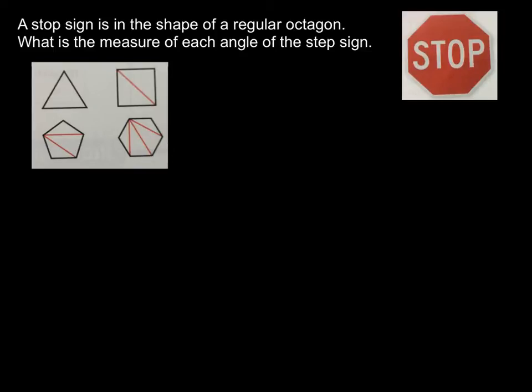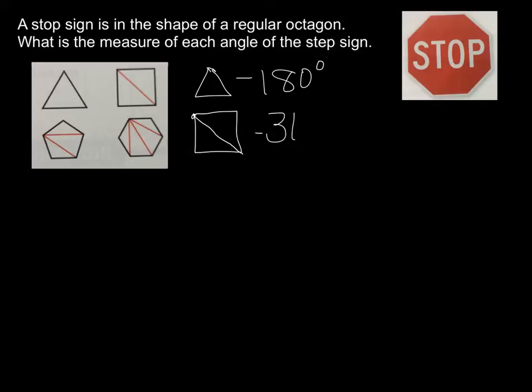Now we know a triangle has 180 degrees inside of its shape. So if we take a square and we pick one vertex and we make a diagonal, we would get 2 triangles, so that would be 360 degrees.